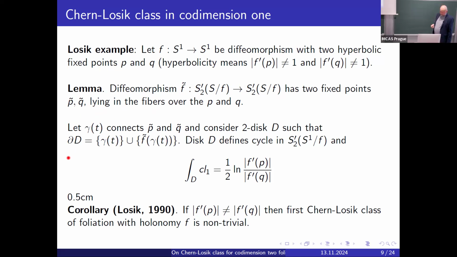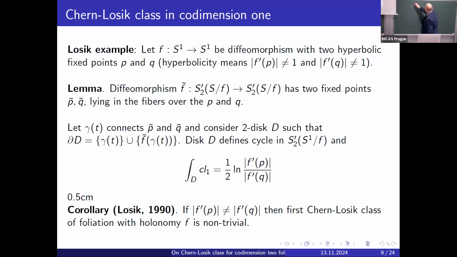And then there is a very geometric construction. So if we have the circle, we have these points P and Q. Over these points, we in fact can find also fixed points P tilde, Q tilde.